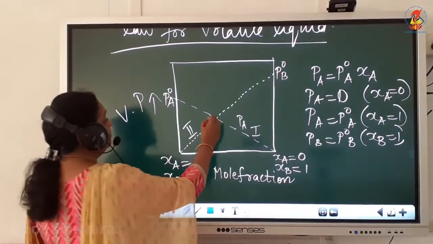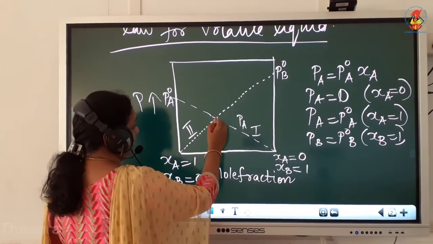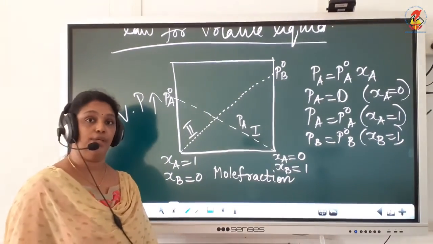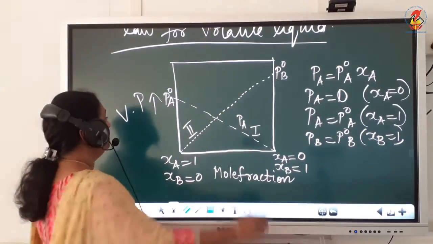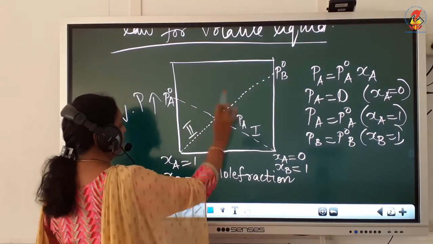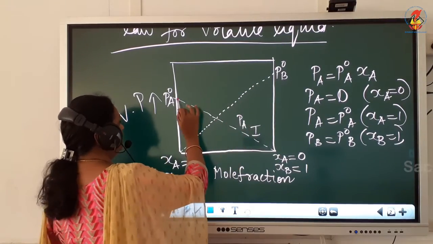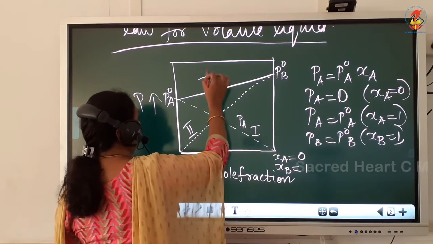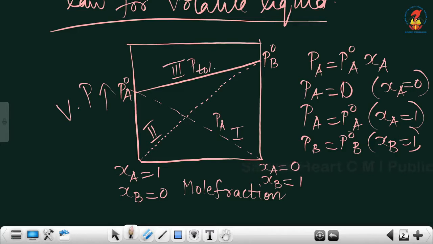The point where these two lines meet is where XA plus XB is equal to 1. The total vapor pressure of the solution is denoted by the solid line, line number 3. This represents P total, which is equal to PA plus PB.